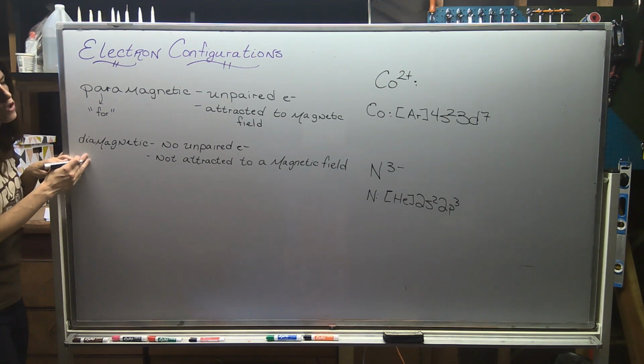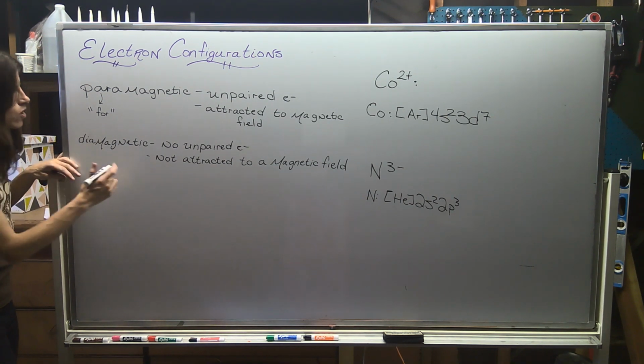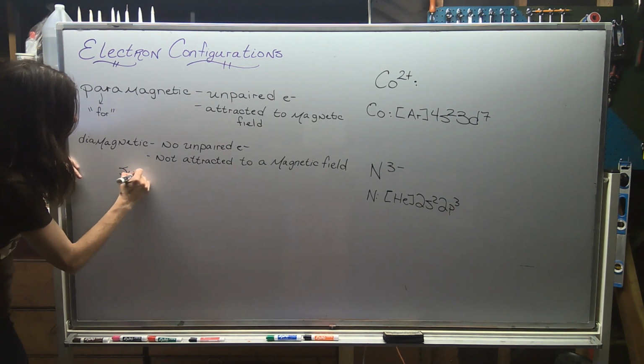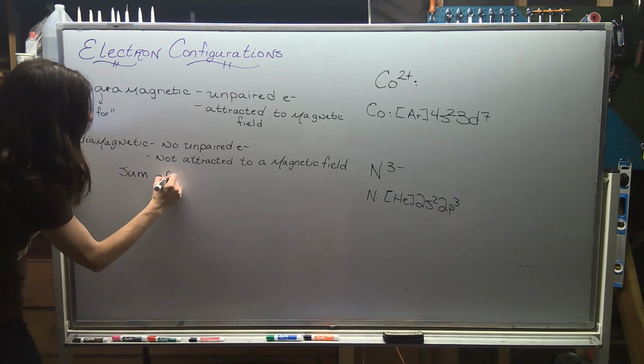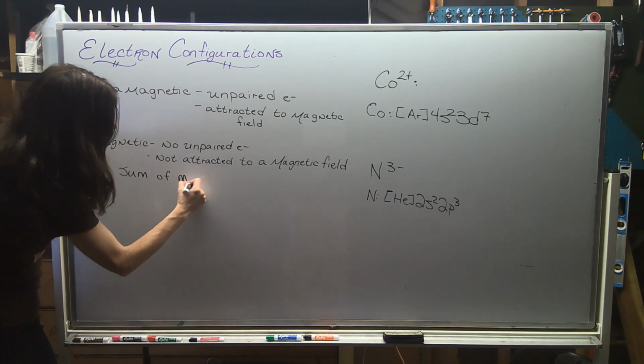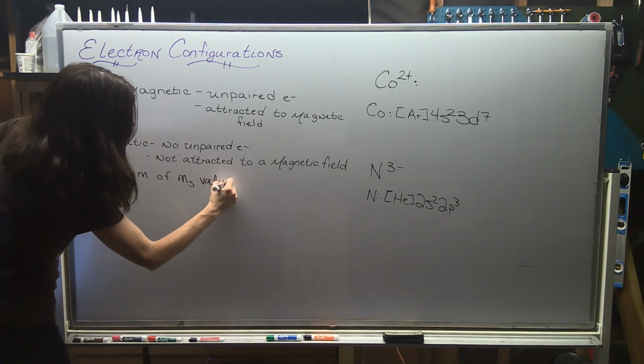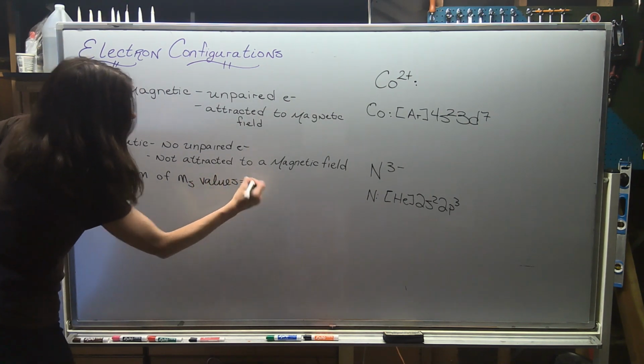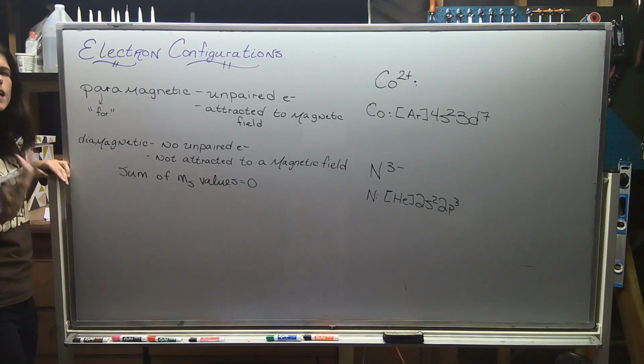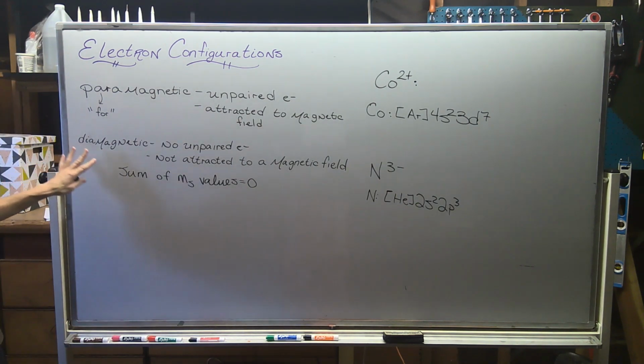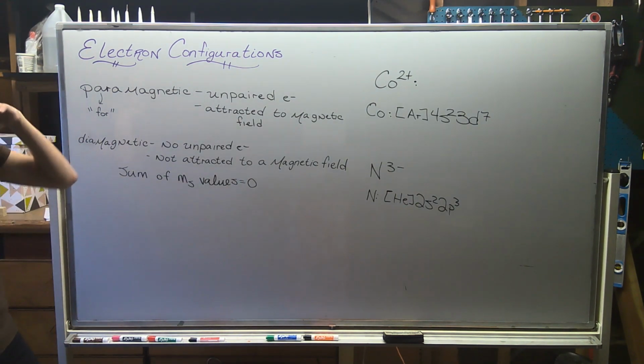Diamagnetism occurs when there's no unpaired electrons. So the sum of your MS values equals 0. All of the spins are canceling one another out in the case of diamagnetism.